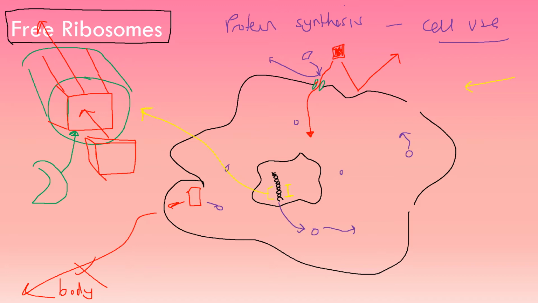It's like going to a library and photocopying a recipe of a cake that you want to make. So that recipe needs to go to the kitchen, and this recipe can leave the cell and go to the ribosome for the cake to be made.